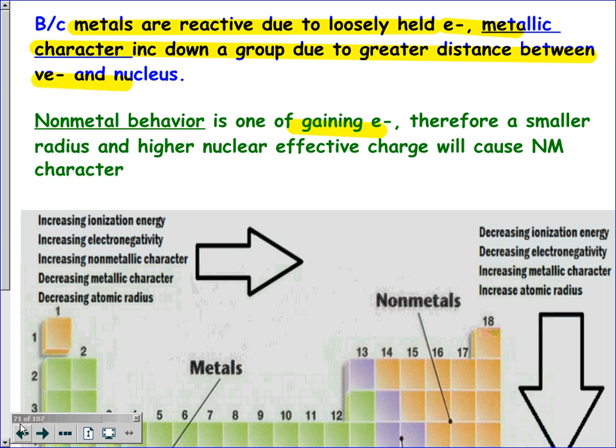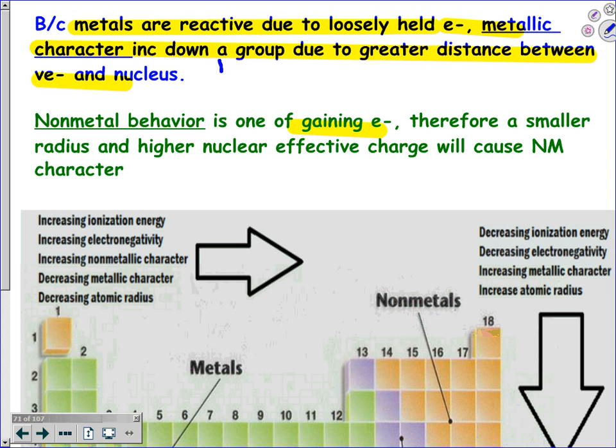So metallic character or metallic nature means to lose electrons. It's simply because the electrons are loosely held or they have a low ZEF. So give me some trends. What are some trends that follow along with metallic character?